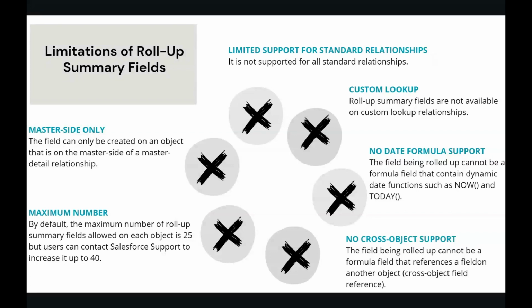The field being rolled up cannot be a formula field that references a field on another object, like cross object field references. By default, the maximum number of rollup summary fields allowed on each object is 25, but users can contact Salesforce support to increase it up to 40. The field can only be created on an object that is on the master side of a master detail relationship.